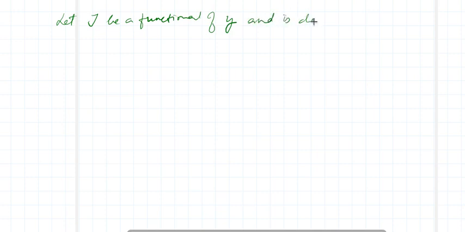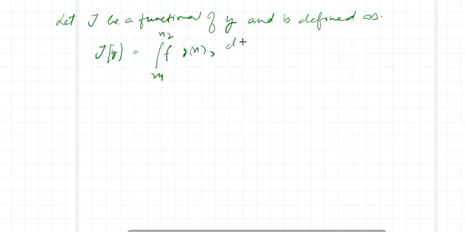So let J be a function of y and is defined as J(y) is equal to integral from x1 to x2 of f of y of x comma dy/dx and x into dx, right?